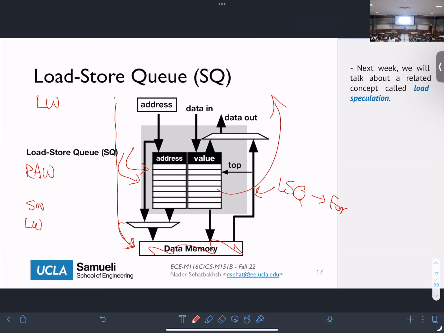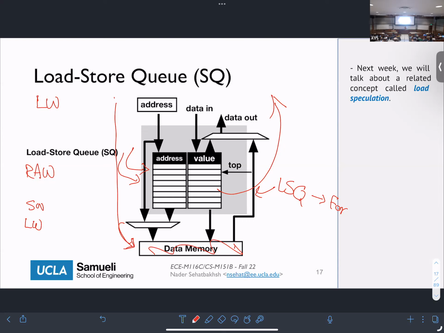So this way, if I have a store and then a load, the store will be in my queue, and when the load comes in, it will go through that queue and see that value, and then it gets that value from the queue. Okay. So again, this trick is that we are reading and writing from memory, but we don't do it right away.